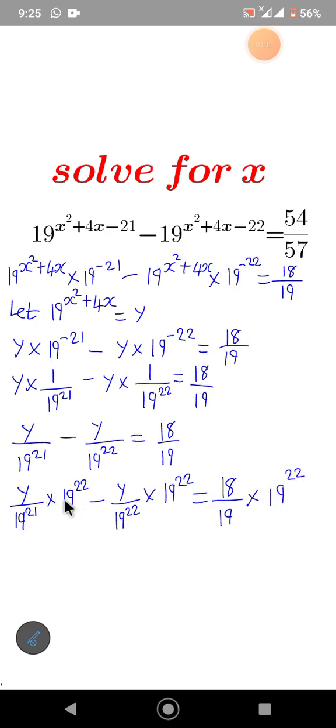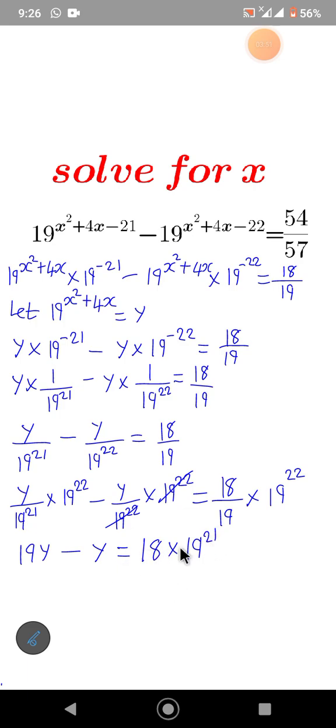Then now this, we divide this, we are now left with 1 here, so here will become y times 19, which is 19y minus, now this, we divide this here, so we are left with just y. So we say y equal to, then now 19 raised to the power of 22, we divide 19 here, so we are left with 18 multiplied by 19 raised to the power of 21.